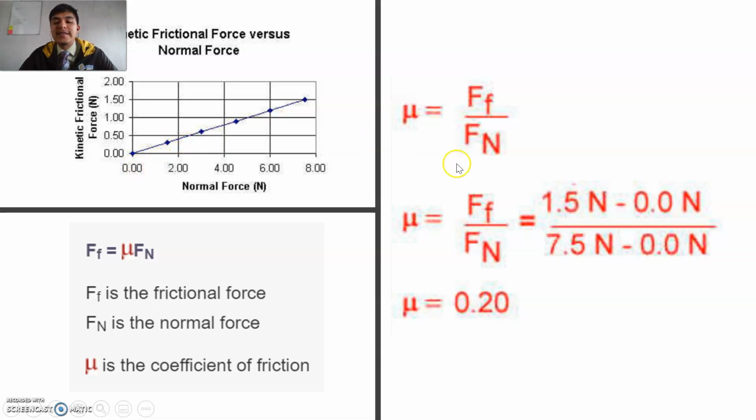So we are going to analyze the difference in between both of them. Regarding the kinetic frictional force, it starts at 0 and it finishes at 1.5 newtons. And the normal force starts at 0 and ends up at 7.5 newtons. We divide them and we are going to notice that the coefficient of friction is 0.2.